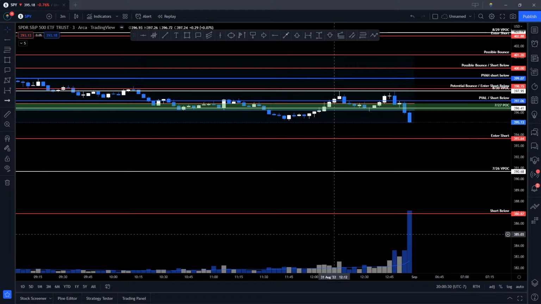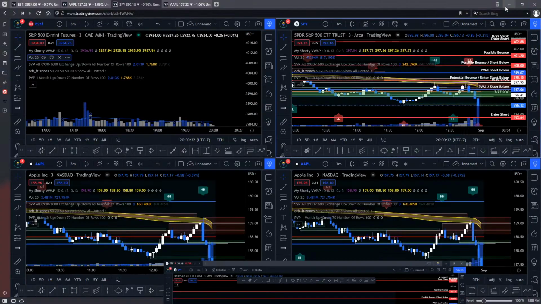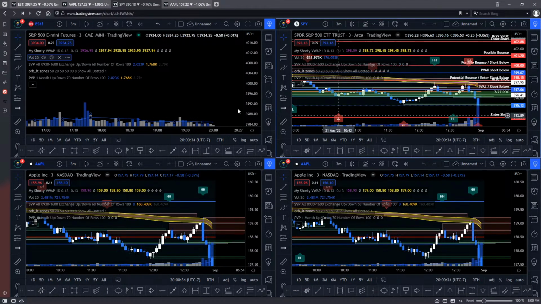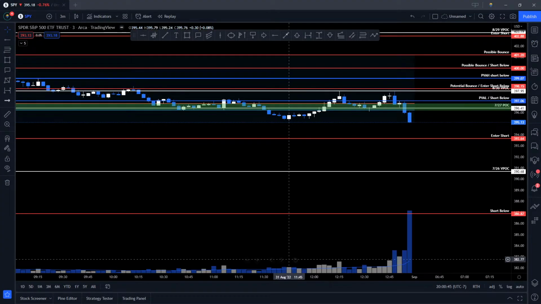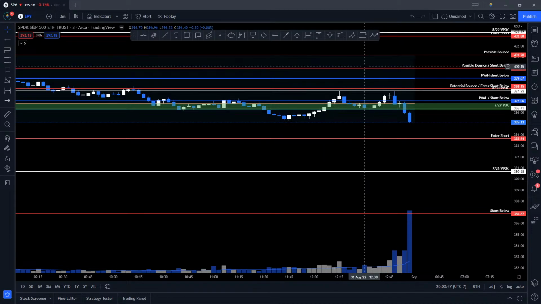Obviously, you want to chart multiple tickers, so you have options. I'm sure between these four tickers, my plan is going to play out somewhere. It's so rare for me to have a day where I don't trade at all. But I'm really waiting for my levels to get touched before I enter a trade.